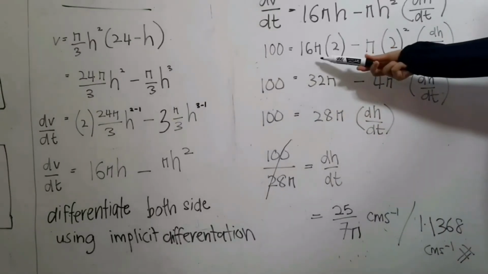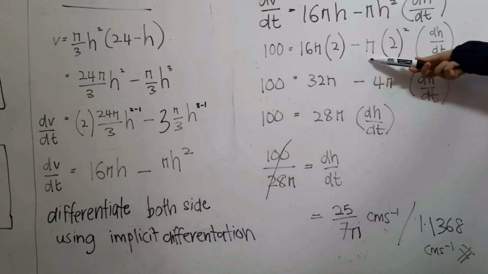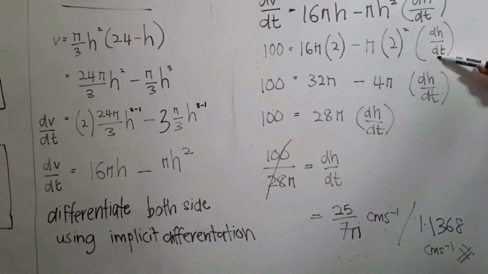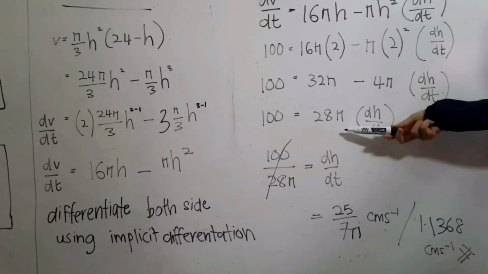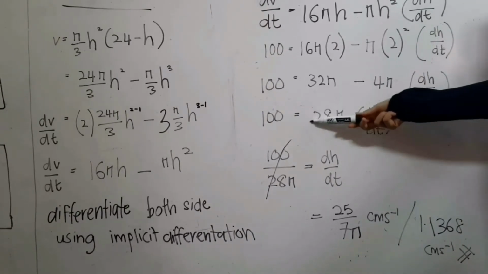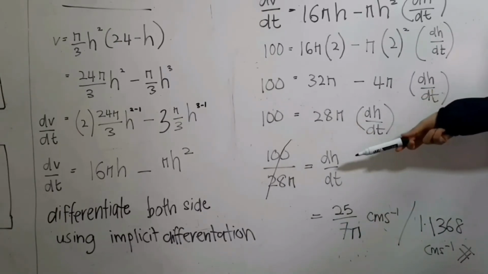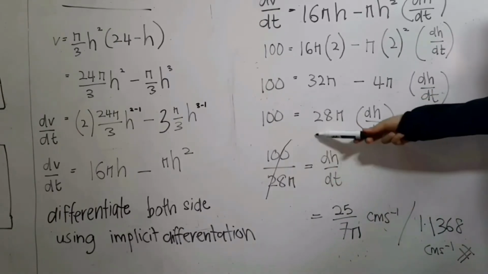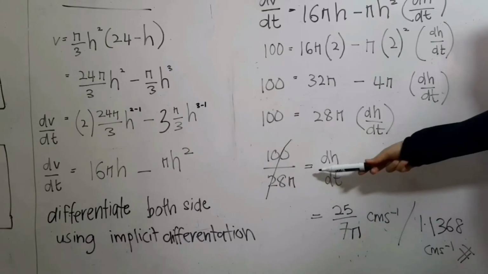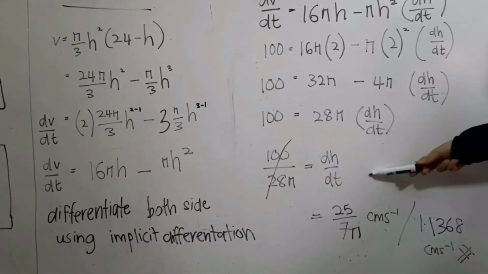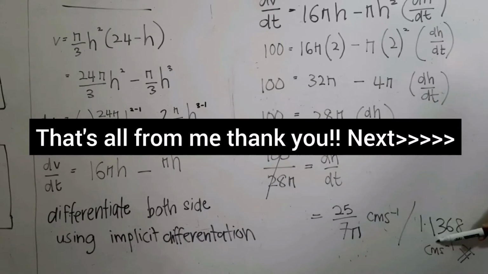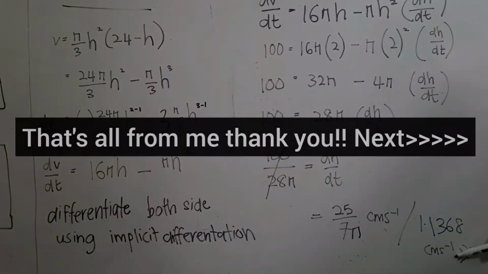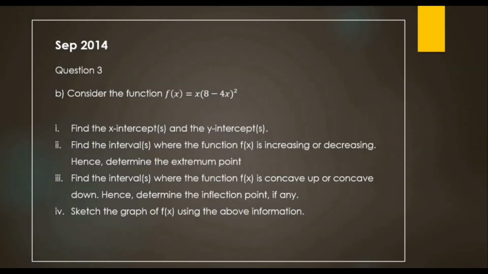So 100 equals 16 pi times 2 minus pi 2 squared, dH over dt. 32 pi minus 4 pi is 28 pi. 28 pi brings to the left, and 100 divided by 28 pi. We need to simplify to get the answer of dH over dt. So the answer is 25 over 7 pi centimeter per second, or 1.1368 centimeter per second. Moving on to the next question.